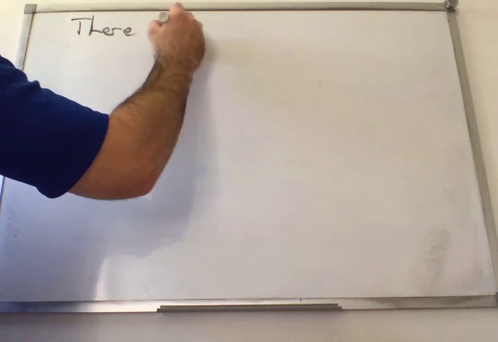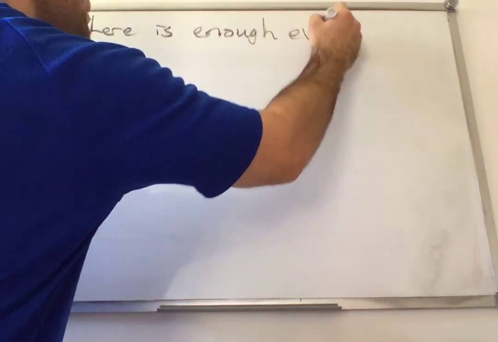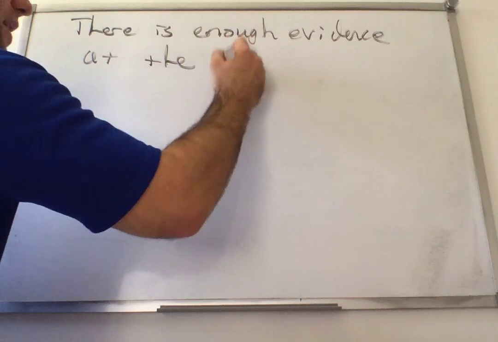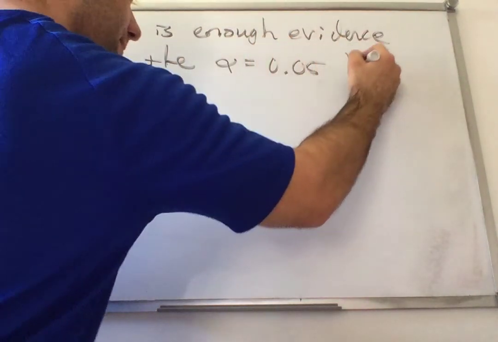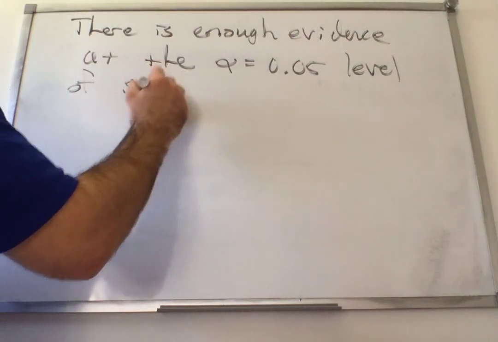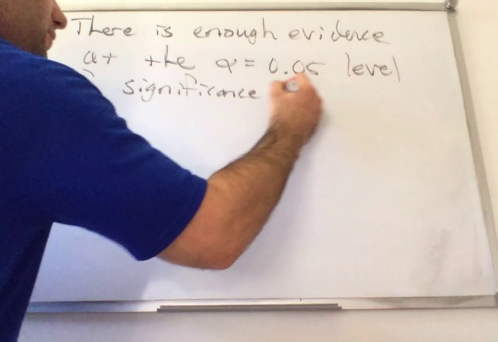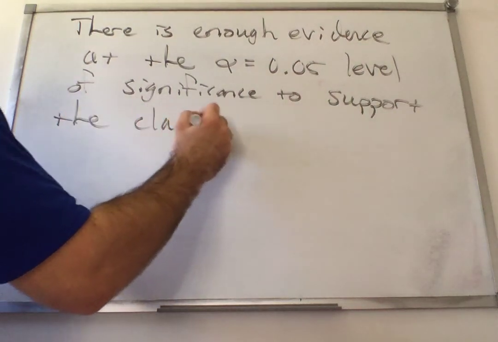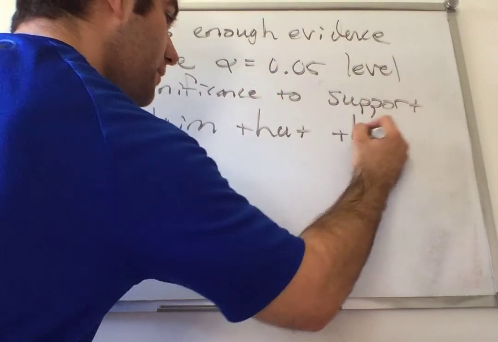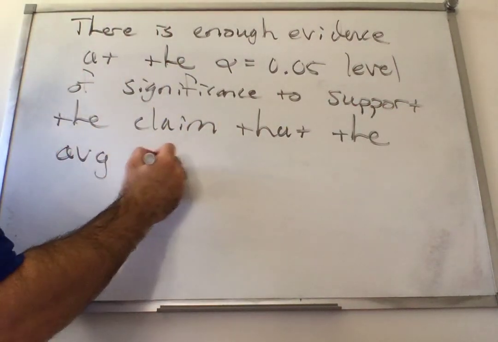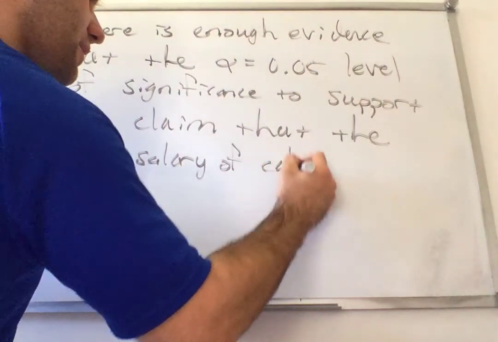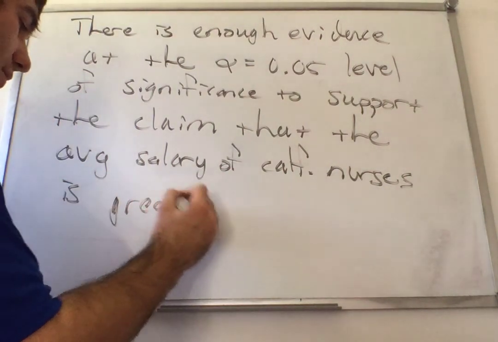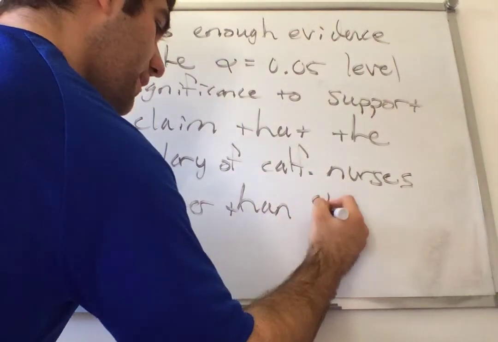So there is enough evidence at the alpha is equal to 0.05 level of significance to support the claim that the average salary of California nurses is greater than $69,110.